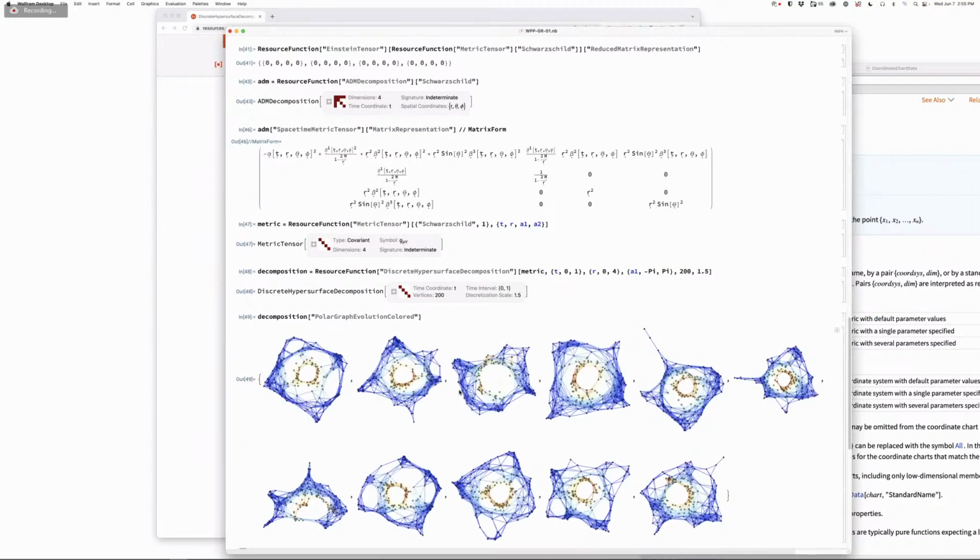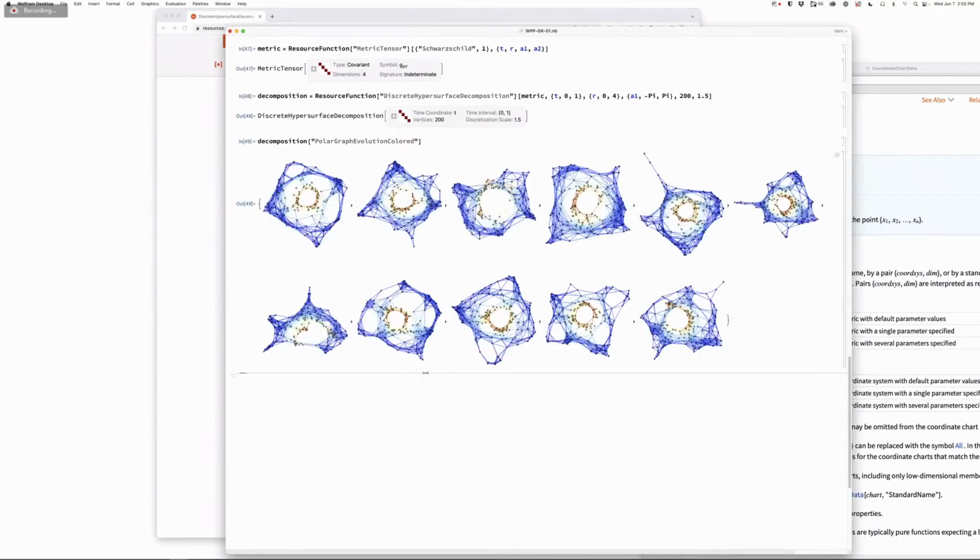If in that property you give it a list, rather than just PolarGraphEvolutionColored, you say the list PolarGraphEvolutionColored, comma, however many steps you want to go. If you say 0, you would just get the initial, I think. Okay, fine. List or just the 0 there? No, list and then 0.